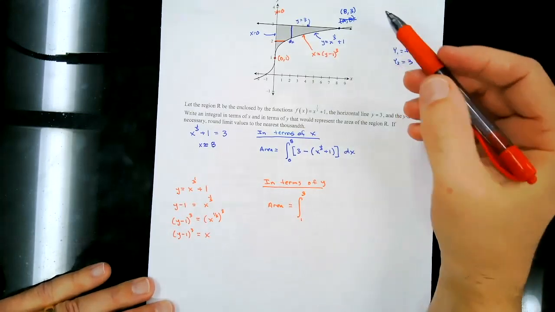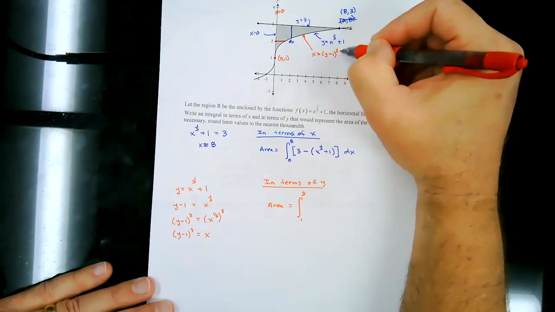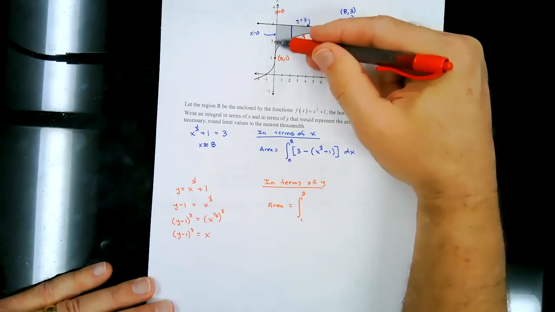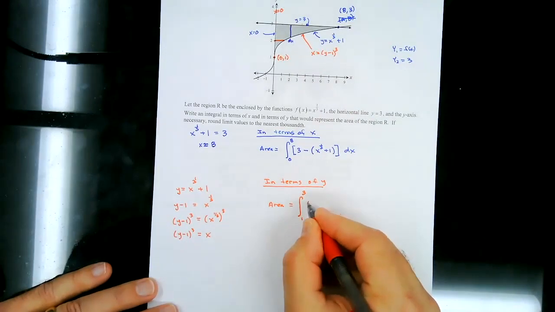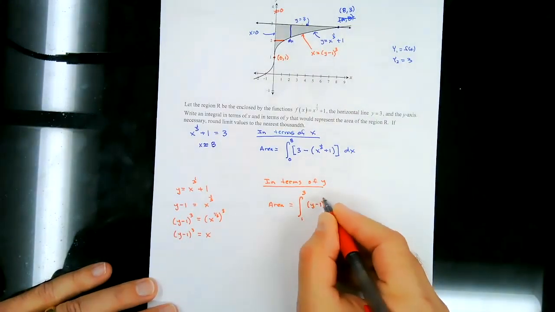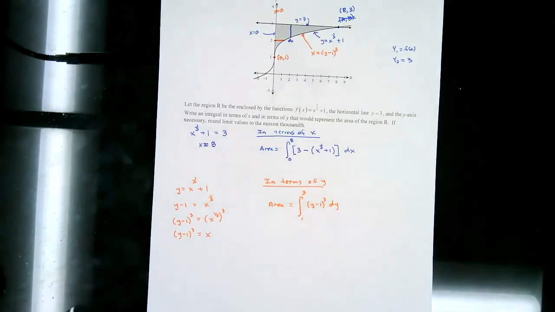Then it's going to be right minus left, but this is really just y minus 1 to the third minus 0, because it's going all the way to the axis, right? So really, this would just be y minus 1 cubed dy. And that would be the area in terms of y, whatever we got for that.